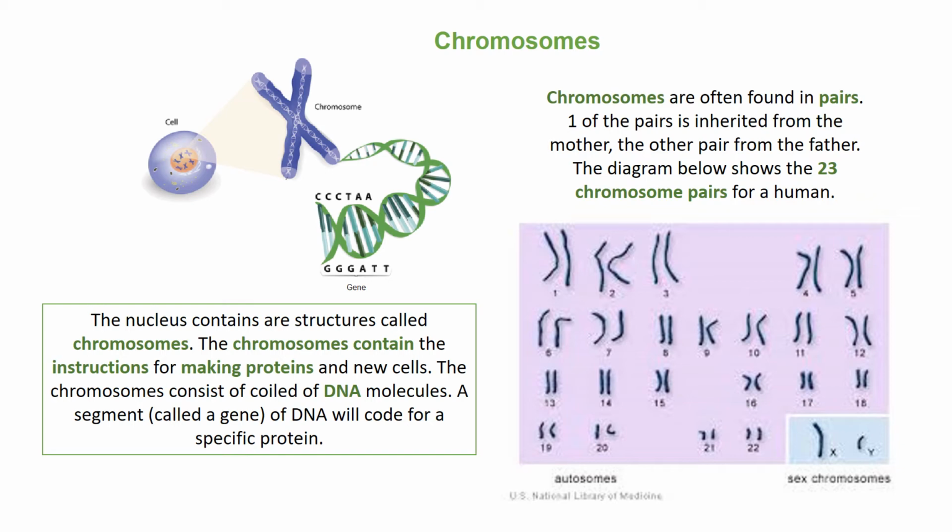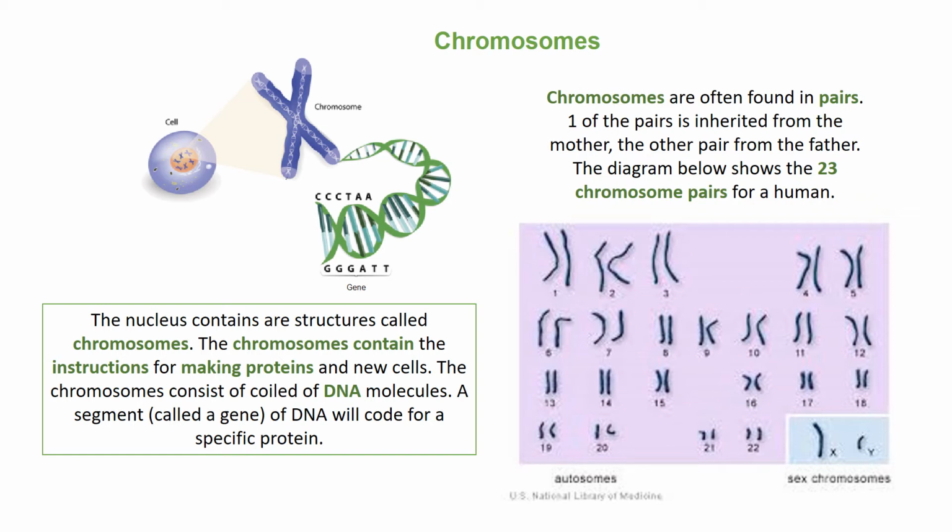Now, chromosomes contain genetic material, so you should know that they are found in the nucleus of a cell. But how many strands are there? Well, we humans have 23 pairs, so that's 46 in total.